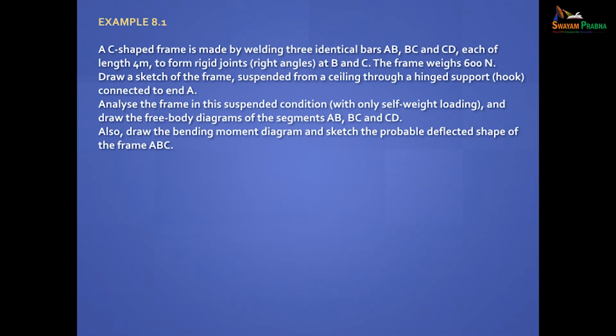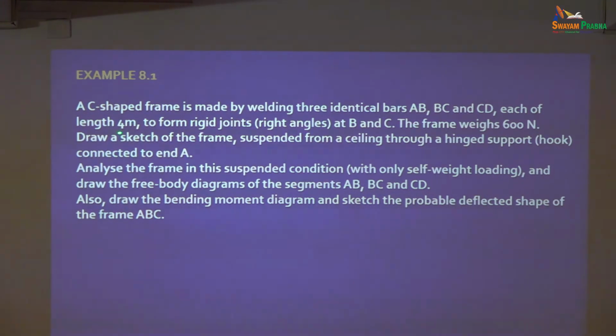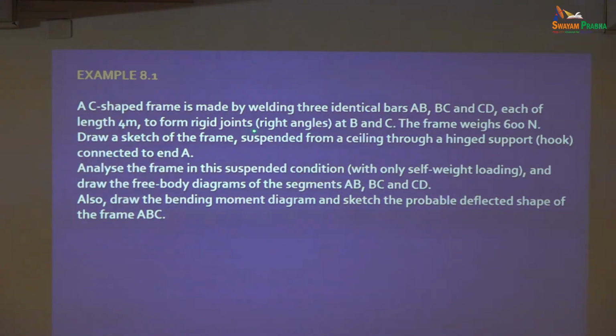Okay. Now try this problem. We'll do it together. A C-shaped frame is made by welding 3 identical bars AB, BC and CD, each of length 4 meters, to form rigid joints, right angles at B and C. The frame weighs 600 Newton.